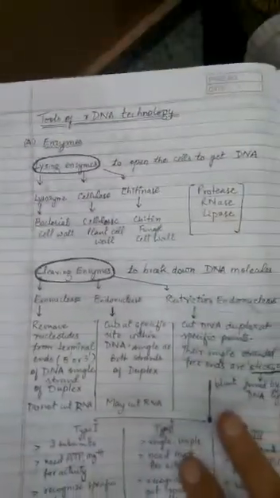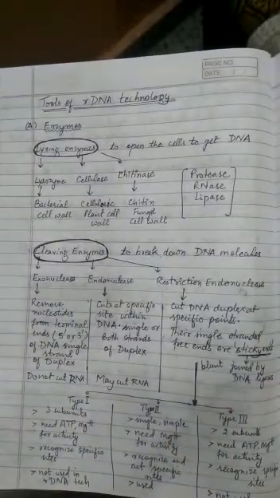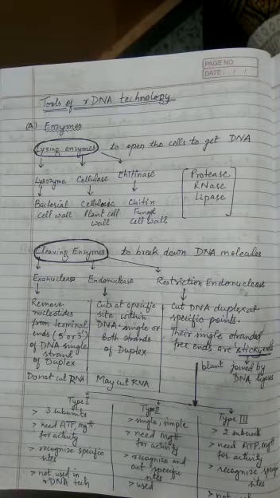We understood that the enzymes required are the lysing enzymes. Lysing enzymes are those enzymes which are supposed to be opening the cell so that DNA can be taken out. And the first enzymes required are those which break down the cell wall. So if it is a bacterial cell, then we need lysozyme.